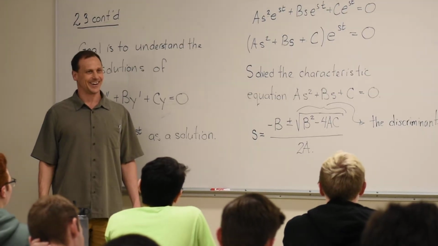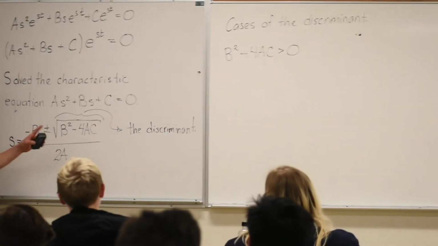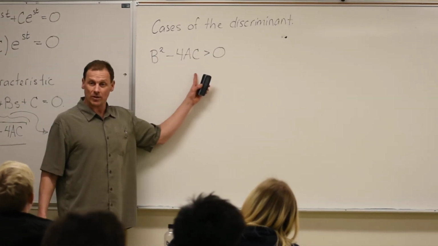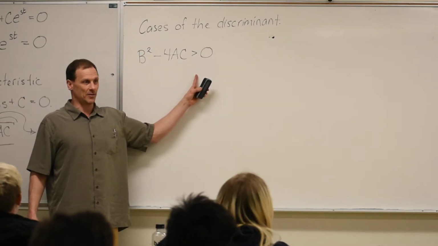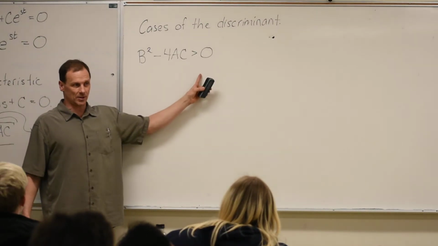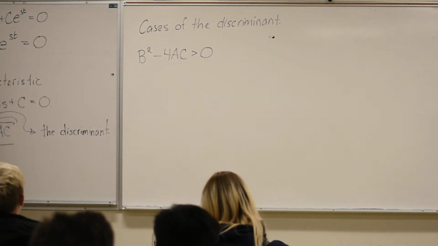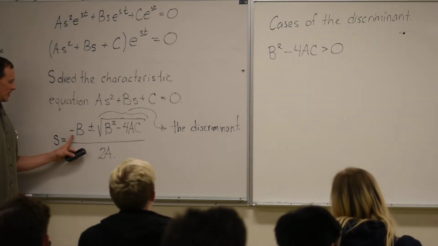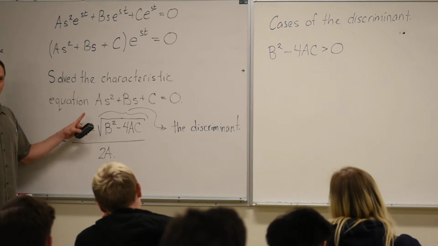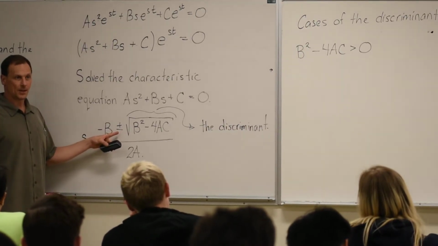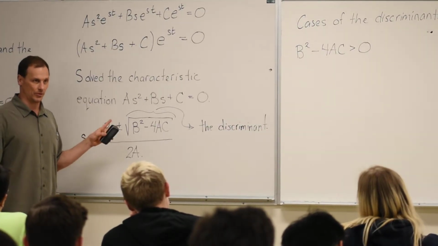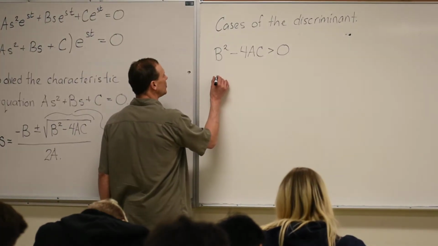Yeah, a positive number. But what's even more important is you're just going to have some real number. If you have a real number here and here, and you add and subtract them, the results are going to be real. So this gives 2 real roots.